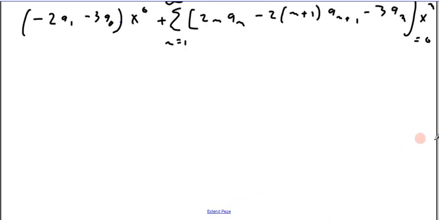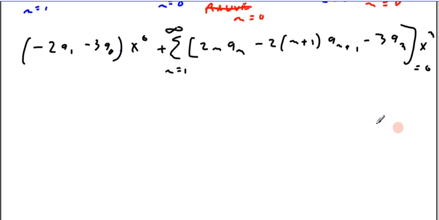Okay, now again the terms have to be linearly independent, so the x to the 0 term coefficient has to be 0.